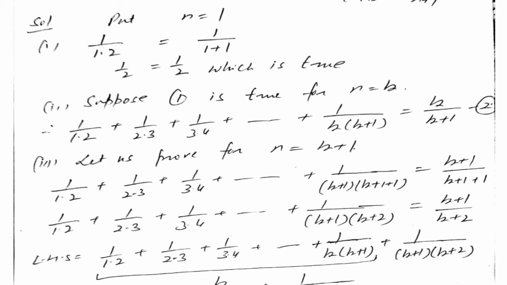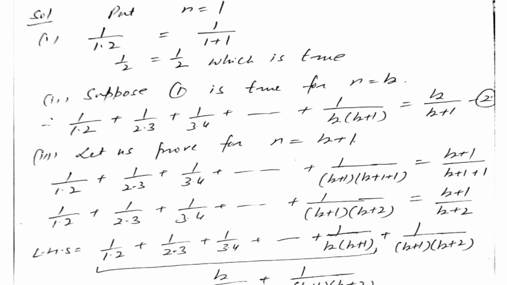If you can easily write it, you can write from it. Otherwise, the natural number before k plus 1 will be k. So it is 1 upon k into k plus 1 plus 1 upon k plus 1 into k plus 2.